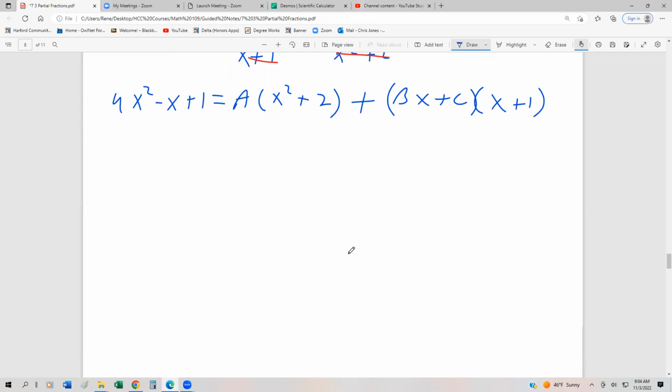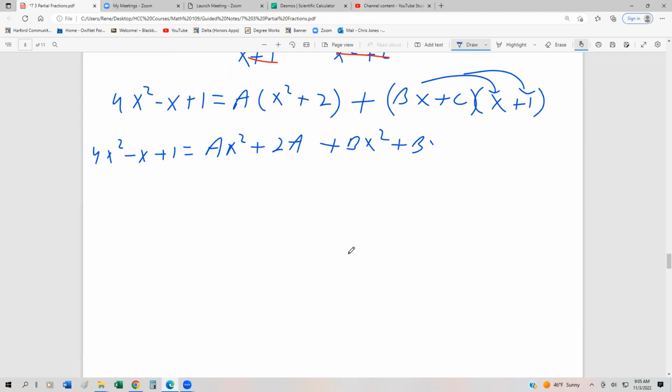We're going to FOIL out the right-hand side. Okay, so this now becomes Ax squared plus 2A. And then we're going to have to FOIL this. So we get Bx squared plus Bx plus Cx plus C. Now we get a system, just like we've seen multiple times before.